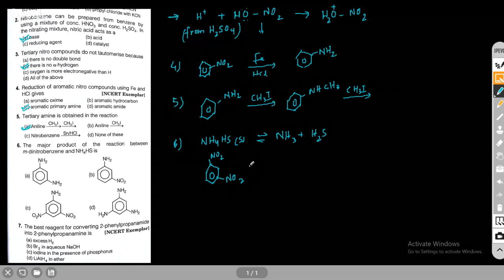When this is heated with NH4HS, which gives NH3, the reaction proceeds and one of the NO2 is replaced by NH2 and HNO2 forms here.